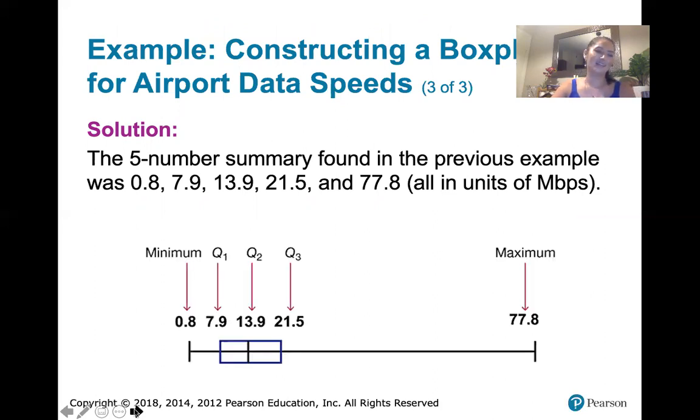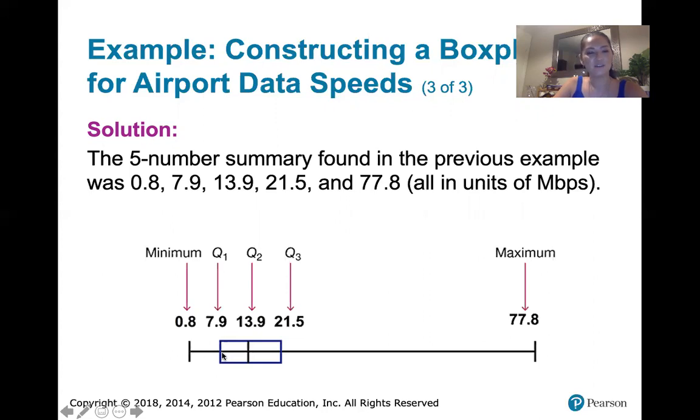Now you might think that it looks a little odd because all of these regions, these differences between that minimum value and Q1 and this Q3 and the maximum value, they're all just a little bit different, and that's intentional. So this is showing us how that data is distributed. It's showing us that 25% of our data lies between this 0.8 and 7.9.